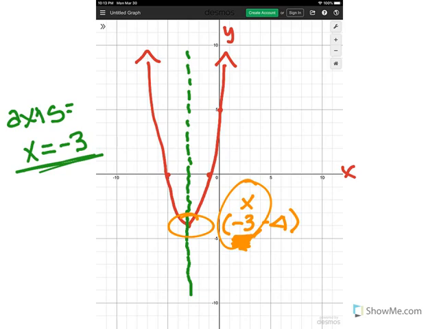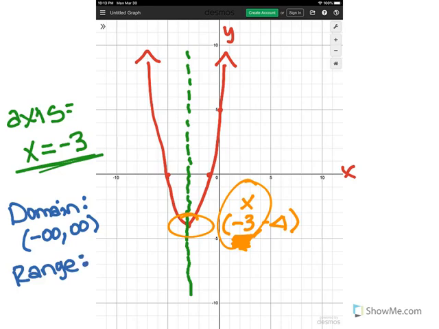Now, looking at this picture is also going to ask you about domain and range. We have talked about the domain and range back in chapter 2. The domain of all parabolas, because eventually this parabola will continuously grow from left to right, will be from negative infinity to positive infinity. The range goes up and down.